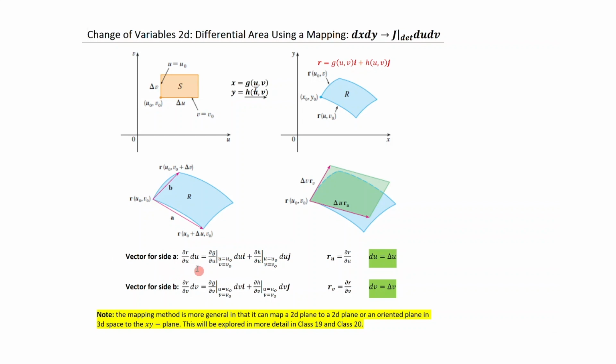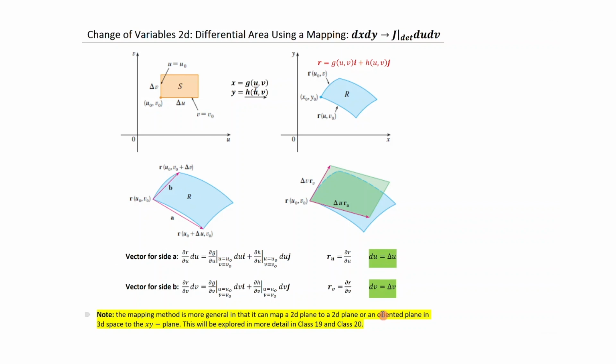Right, and this is then showing if you compute dr du, which is the tangent vector, as you move in a particular position, holding basically along the U direction, which would be in this direction here. Then you can expand it out in terms of x hat and y hat components. It looks like this, based on the transformation equations that were provided. So this would be side A. For side B, it would be along this direction.